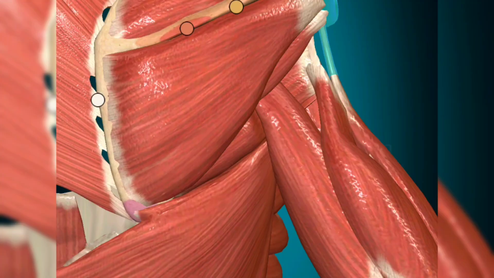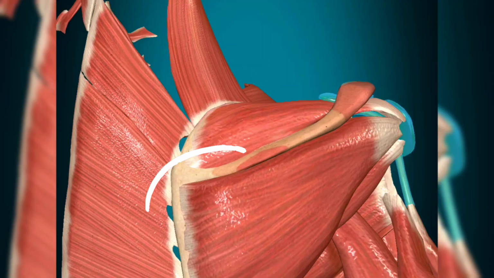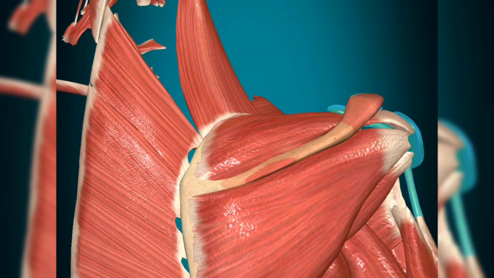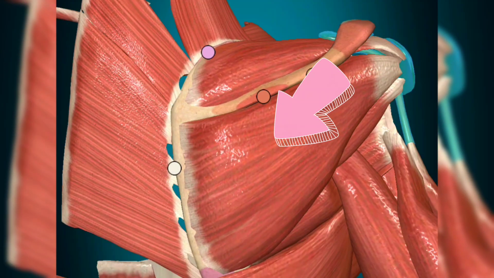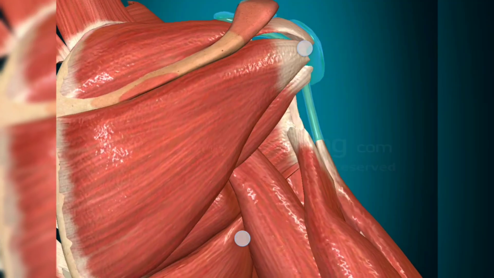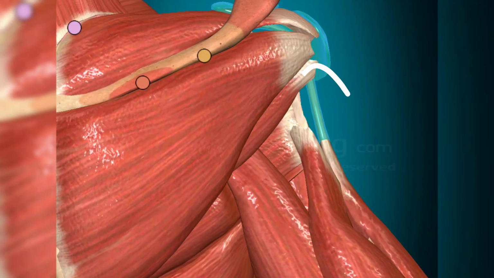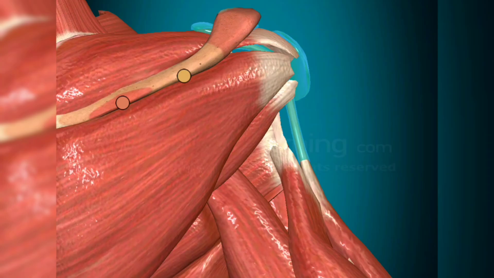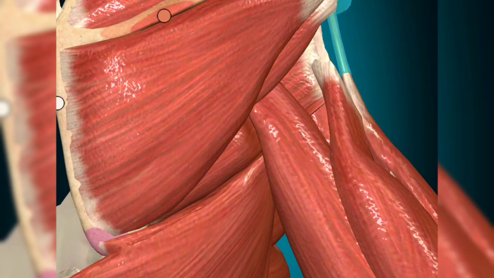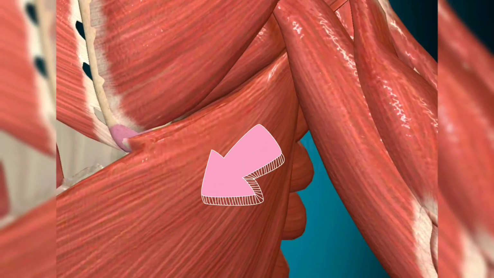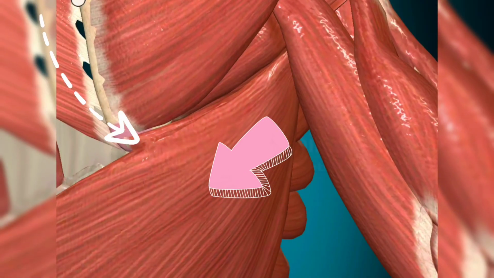Then on the dorsal surface we have supraspinatus muscle arising from supraspinous fossa, infraspinatus muscle arising from infraspinous fossa, teres minor muscle arising from the upper 2/3 of the lateral border, teres major muscle arising from the lower 1/3 of the lateral border, and the latissimus dorsi arising from the inferior angle.